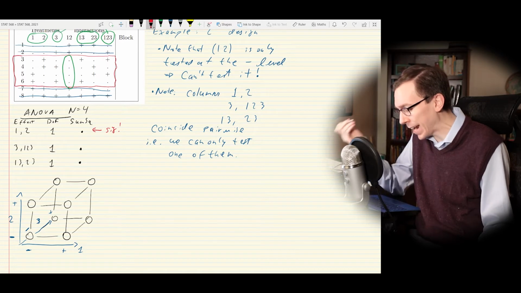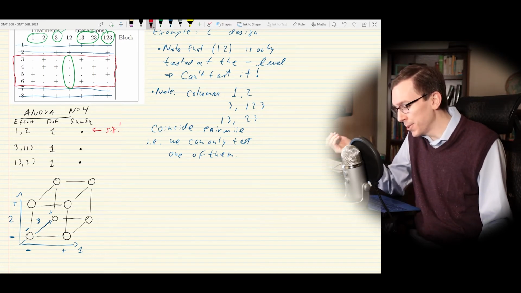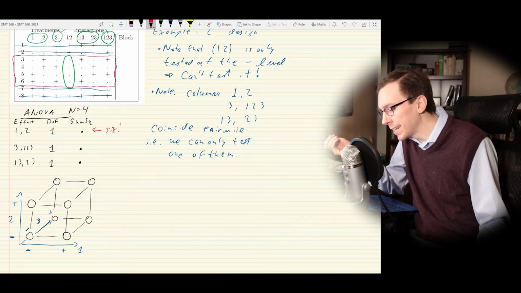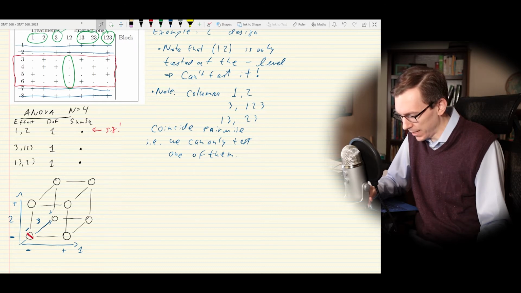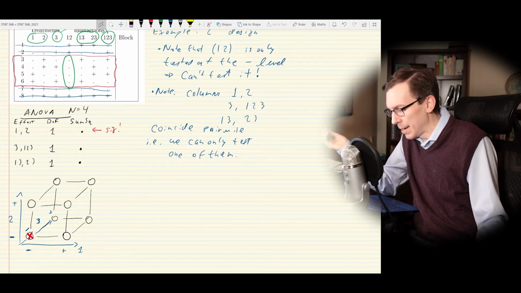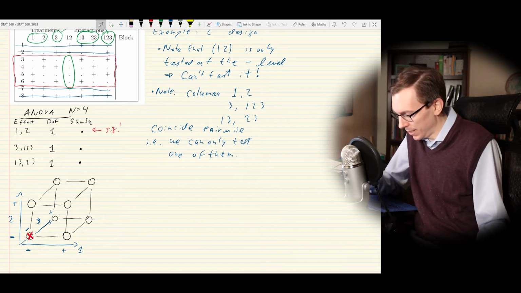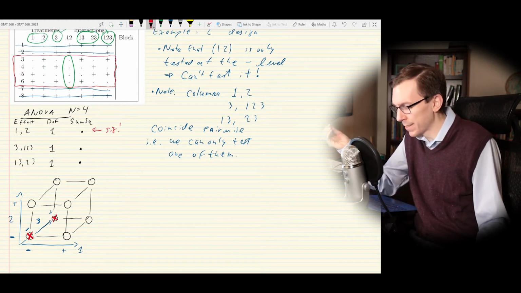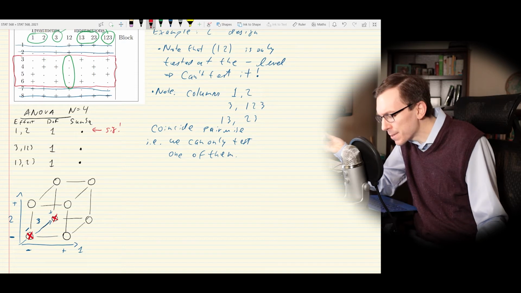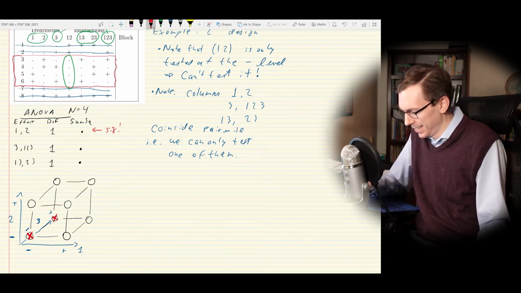If I take the fractional design, well, what am I doing? What I'm doing is I'm deleting minus, minus, minus. So we now no longer have this point. I'm deleting minus, minus, plus. So we no longer have this point. I'm deleting plus, plus, minus.